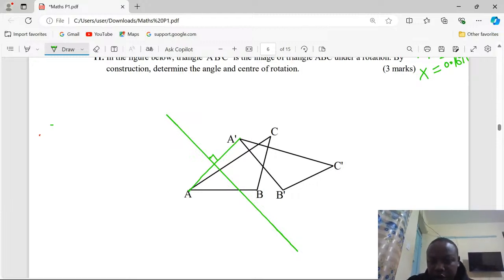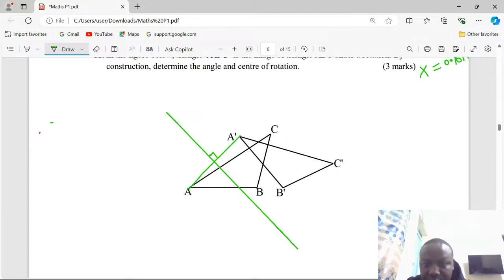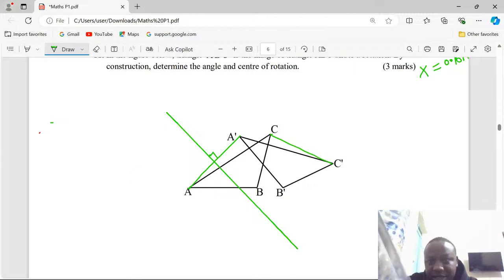Then after this, you can also join C to C prime or B to B prime, and you also bisect.